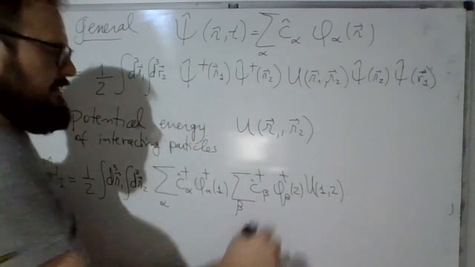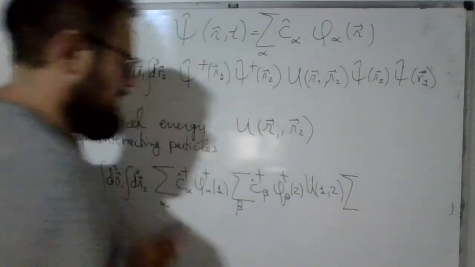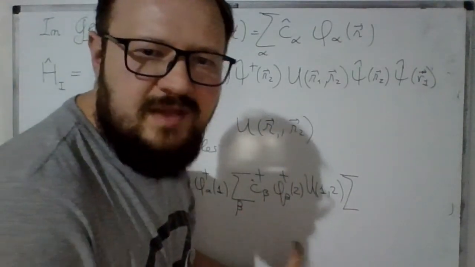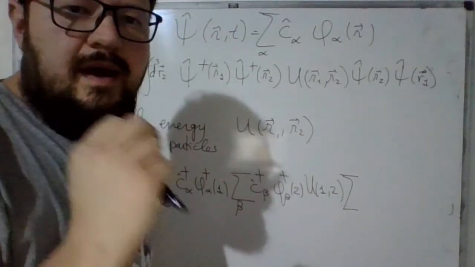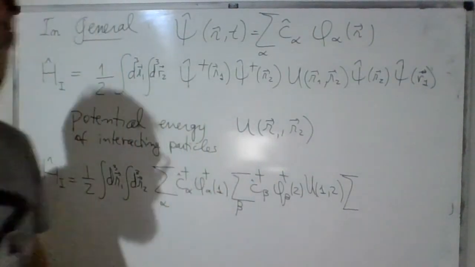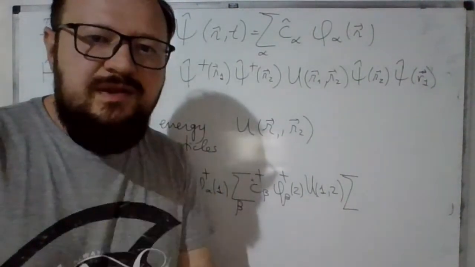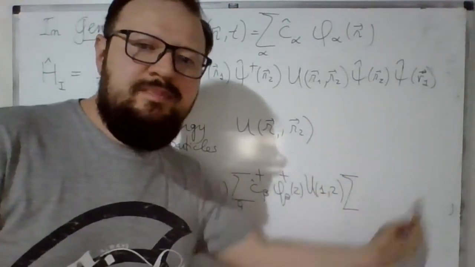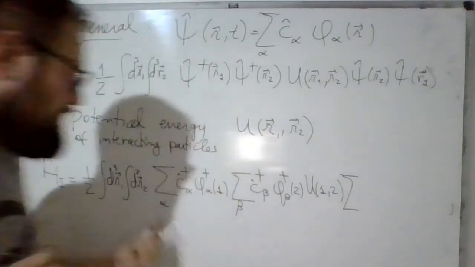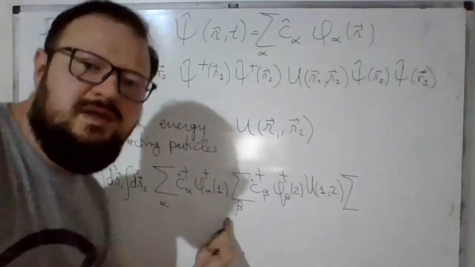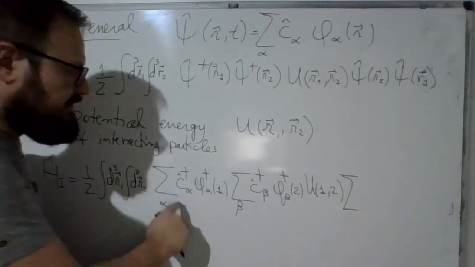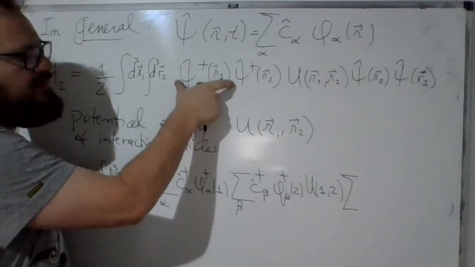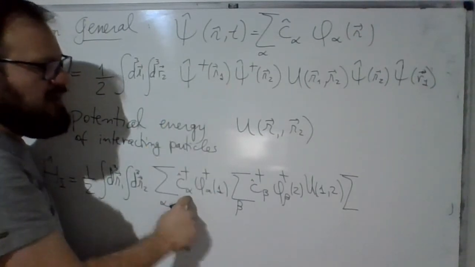Okay, and now I need more indices. When you need to expand functions and multiply them, always use distinct dummy indices, or indices which will be summed over. Here, for the expansion of this part, use a label alpha.